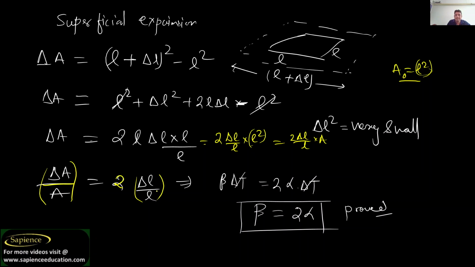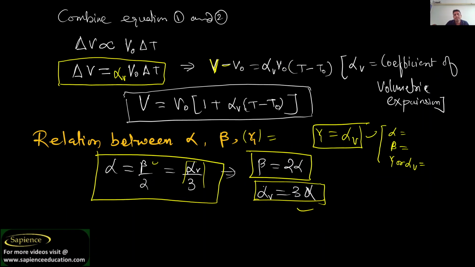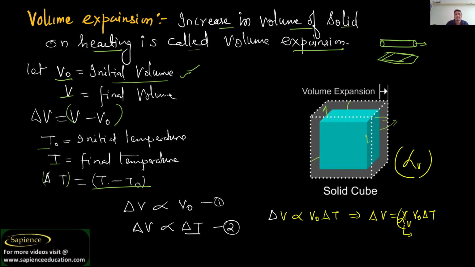Now tell me, change in area by area is equal to what? That is the initial area. I am talking about the initial length. So now tell me, what is change in area by original area, right?